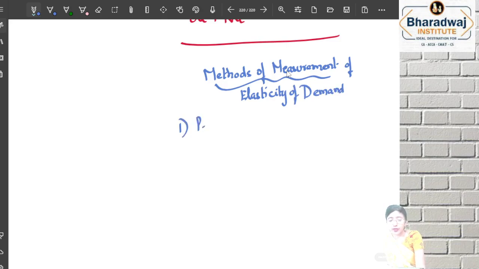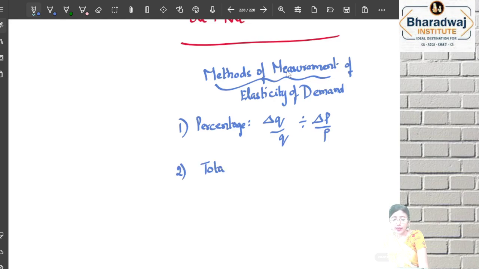Percentage method is nothing but delta Q by Q divided by delta P by P. Okay. Second method, total outlay method.